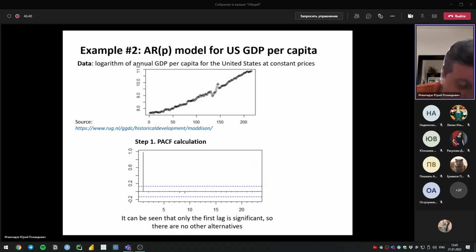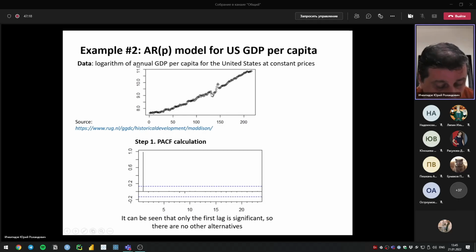We are starting to study these models deeper and deeper, and now consider the following example. We have data on the logarithm of annual GDP per capita for the United States at constant prices. This is data from the early 19th century. This is the Great Depression of '29 to '34, the decline in GDP.